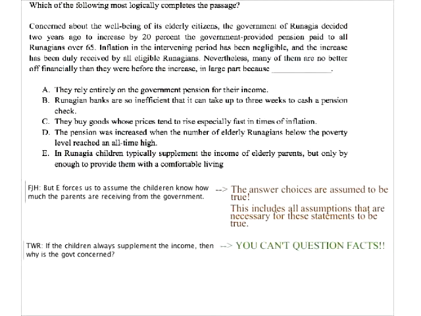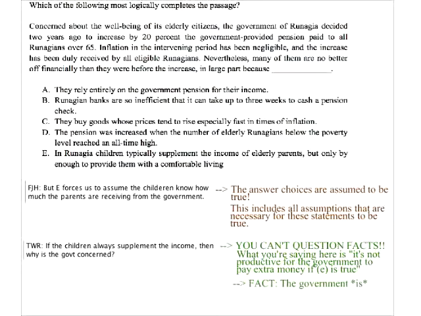What you're saying here is it's not productive for the government to pay extra money if E is true. I mean, you may be correct, but this doesn't matter because the fact is that the government is paying extra money. So it doesn't really matter how ill-informed this policy is because it's policy. So your job is just to say, okay, the policy is what it is and it's having this effect. Let's figure out why.